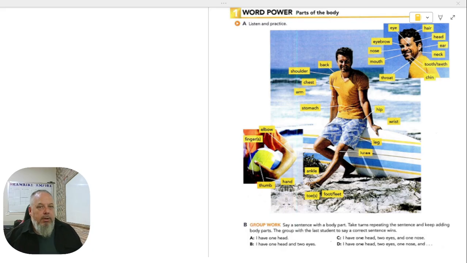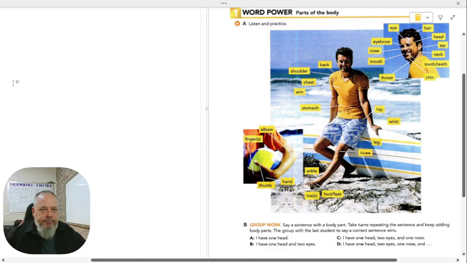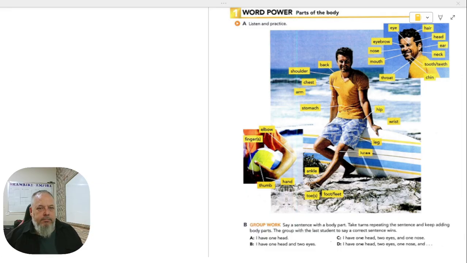Unit 12. How do you feel? Page 78. Exercise 1. Word power. Parts of the body. Part A. Listen and practice.